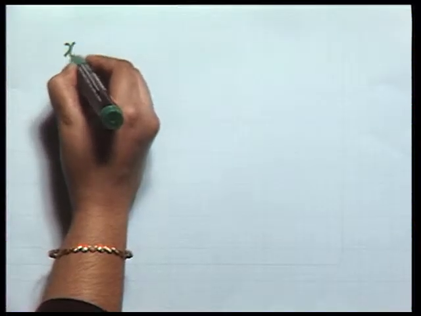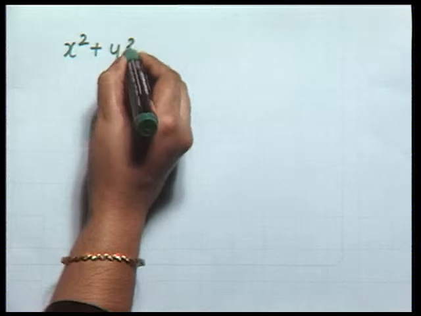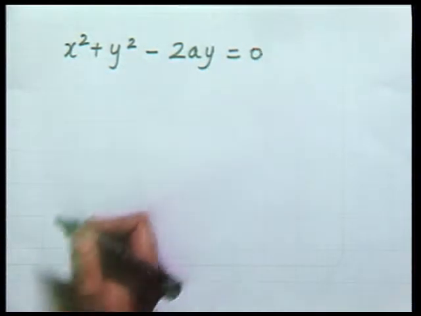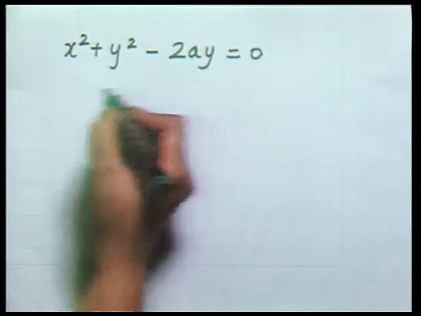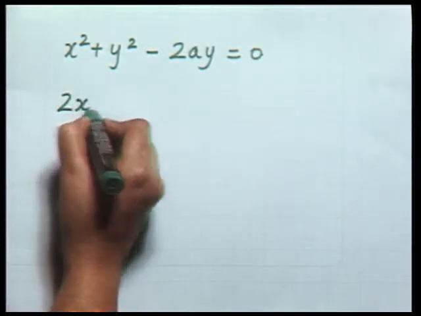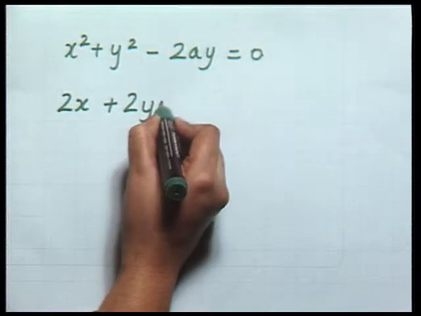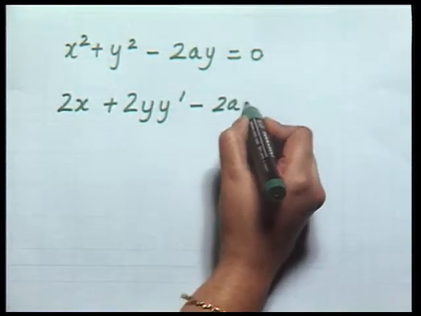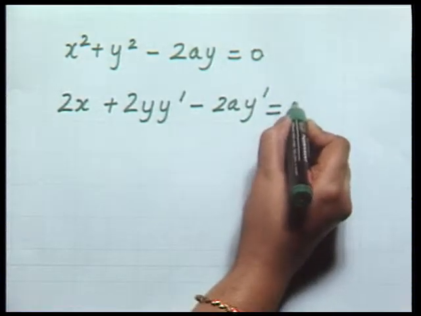And so we have the equation for which we have to form the corresponding differential equation. Now to do that, again you have only one arbitrary constant, so we will differentiate x square plus y square minus 2ay equal to 0. Differentiating it, you will have 2x plus 2y y dash minus 2a y dash equal to 0.